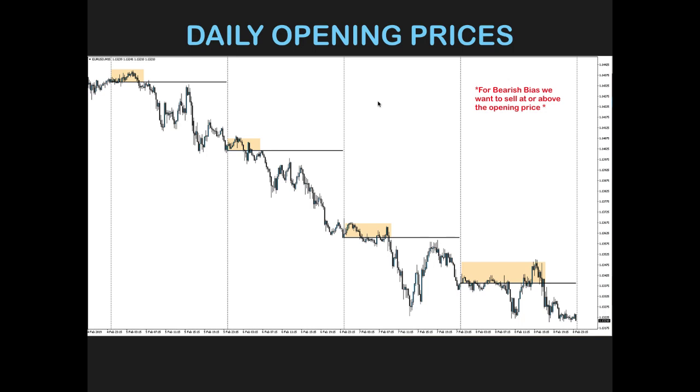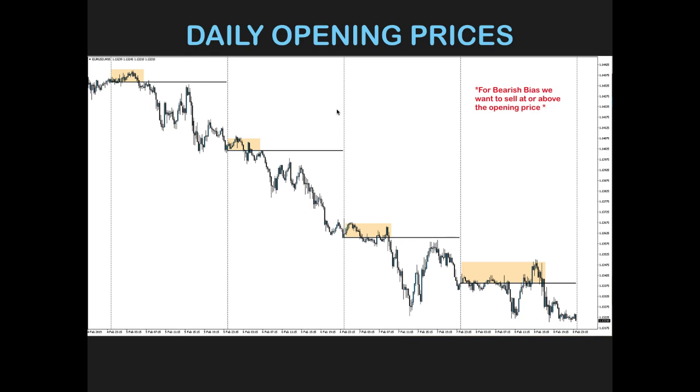So if the big banks and the hedge funds and the market makers and people that are driving price are looking at the daily time frame to make their decisions, that's a very important time frame that we need to be aware of. And that's how we can glean the daily bias and know which direction we should be trading, just like this, right?